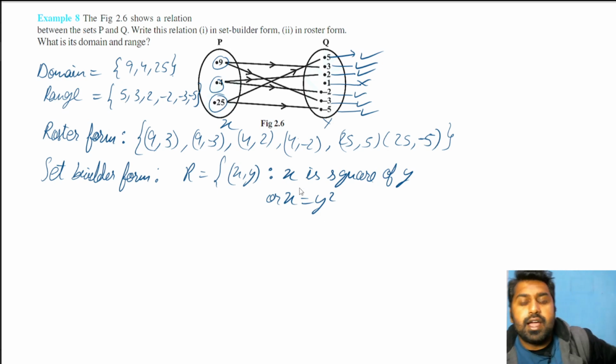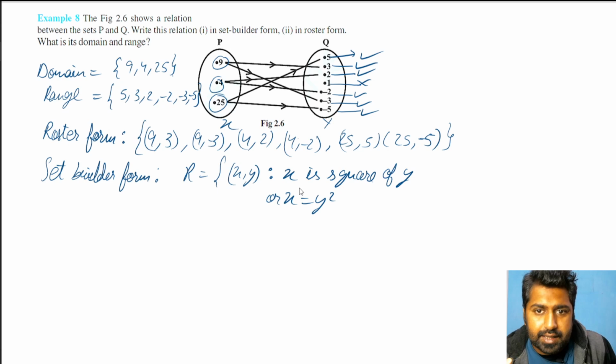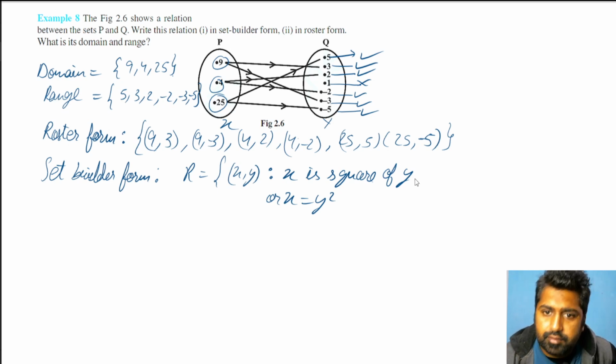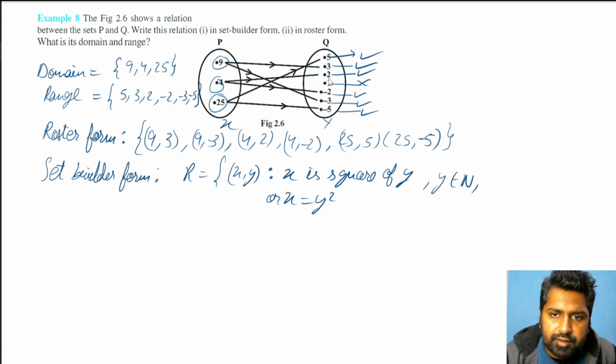But we have to put a constraint on x and y also somehow. Since all the values are not taken, I have to justify values of y. I think I'll just create for value of y, because that will restrict values of x, and y belongs to natural numbers. What else? Clearly you can see what is the value of y taken here, from -5 to 5. Even 4 is not there.